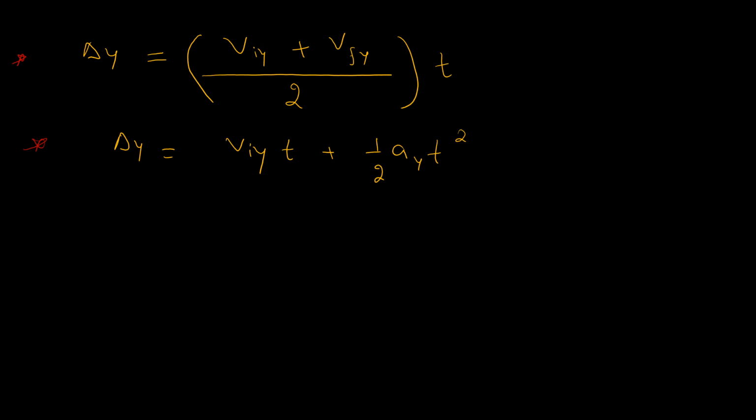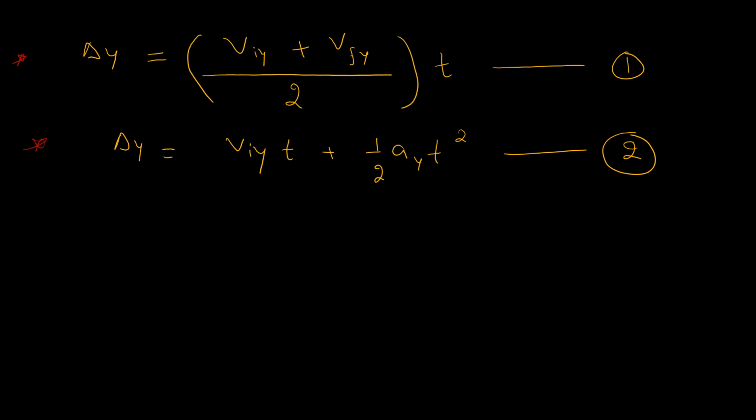So we have our equation number 1 and equation number 2. Now our question wants us to find vfy, the final velocity along the y-axis, but we don't have any information about viy, the initial velocity along y. So we will eliminate this from these two equations.